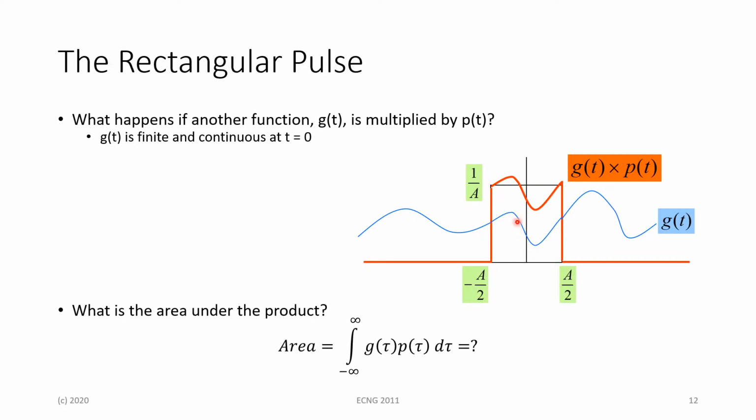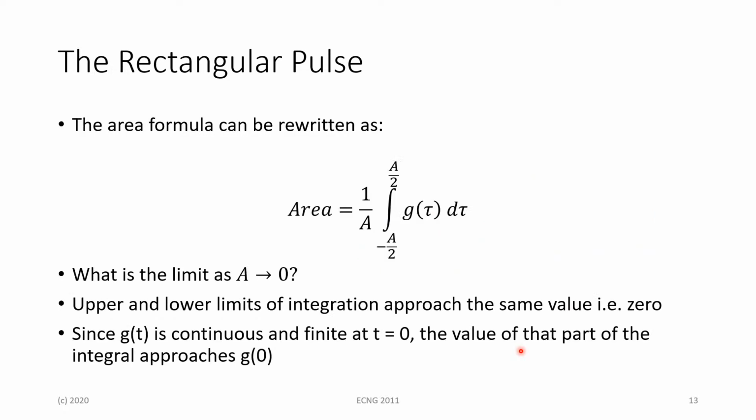The multiplication of the two signals will be that where we have the extraction of the signal here, and it will be magnitude shifted by 1 on A. So we can rewrite the area formula into this form, because we know that for a rectangular signal the magnitude is just going to be 1 on A throughout the entire time period.